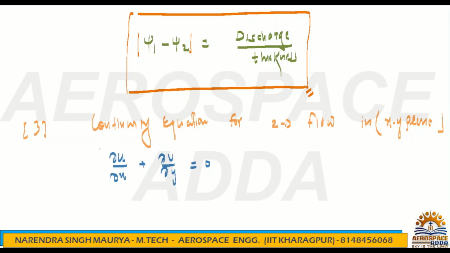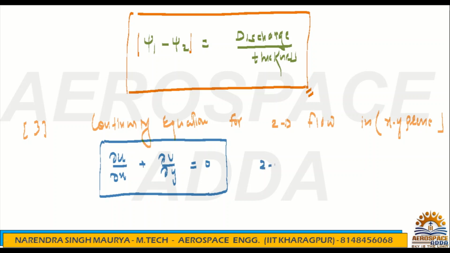Always remember this continuity equation, whatever you have written, it is the continuity equation for 2D and incompressible flow. And as you have seen, our stream function is valid only for incompressible flow. So this continuity equation, which is for 2D and incompressible flow, we can satisfy with our stream function.